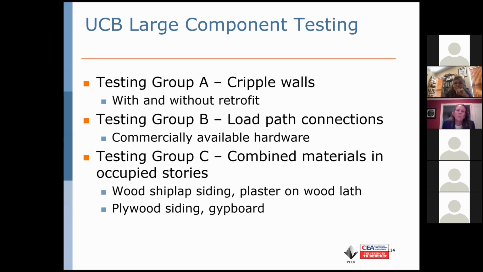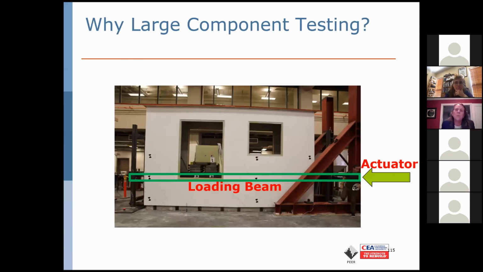And then testing group C was looking at materials in the occupied stories, and there were a few important combinations of materials for which the test data was missing, and so they set out to fill some of those gaps.